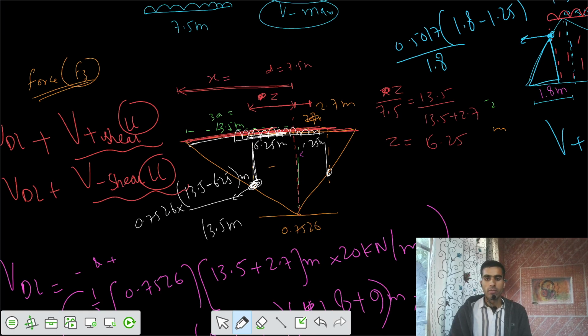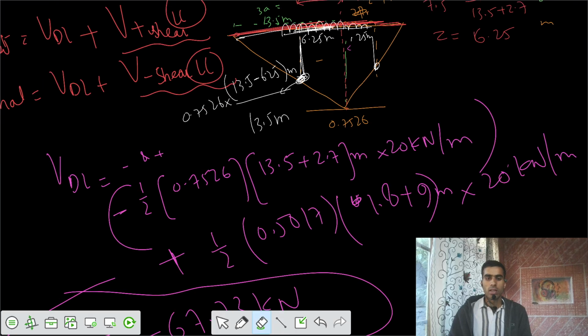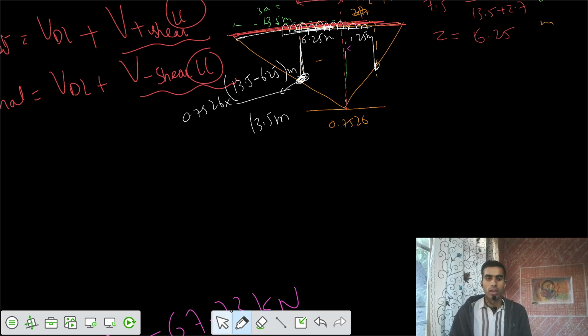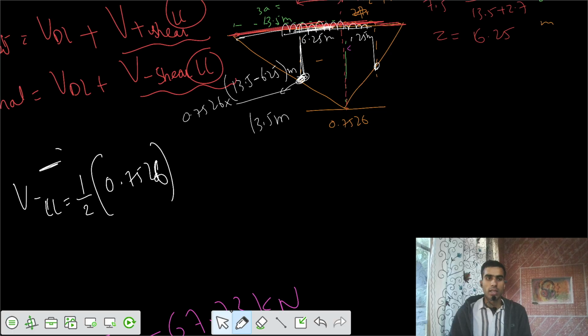Then if I write V negative final, what does that equal? V negative because of live load is the area under the curve: 1/2 times the sum of parallel sides, with 0.7526, and make sure that it's entirely negative.